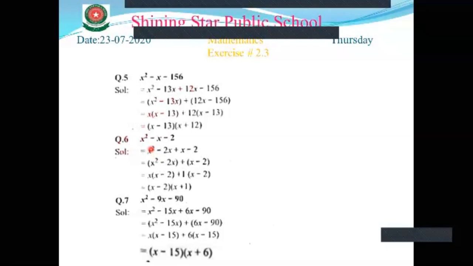Now in question number 6, again we have to find two numbers. Numbers are 2 and 1. Now 2 multiply 1 is 2. If we add them, we must get minus 1. Again the problem: which sign do we write with 1 and which sign with 2?